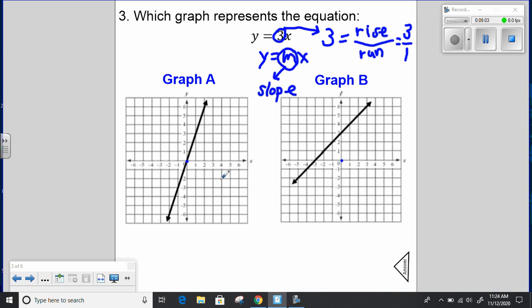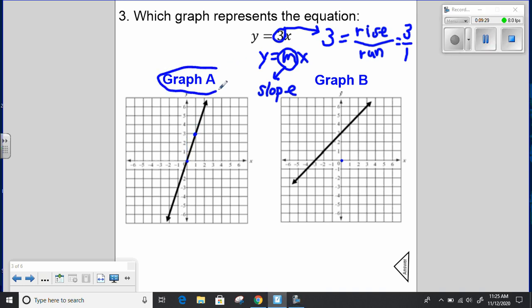Looking at these two graphs, the only graph that goes through the origin is graph A. So now from here, I should be able to rise 3, 1, 2, 3, and run 1, and that point should also be on the line. So again, I just rise 3, up 3, and then run 1, right 1, and sure enough, that point is on the line.